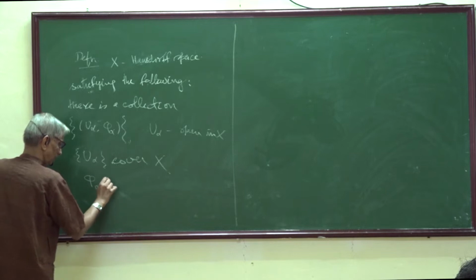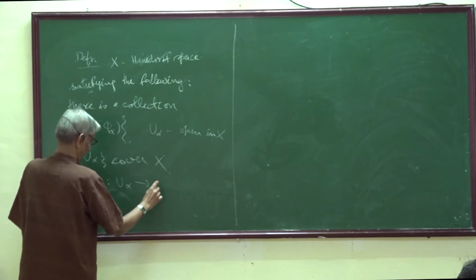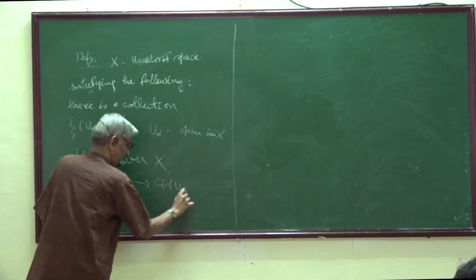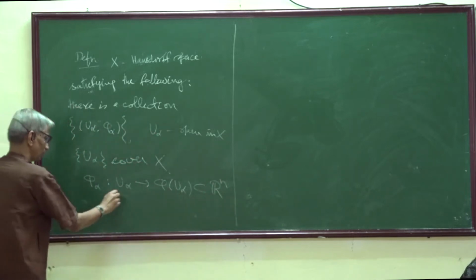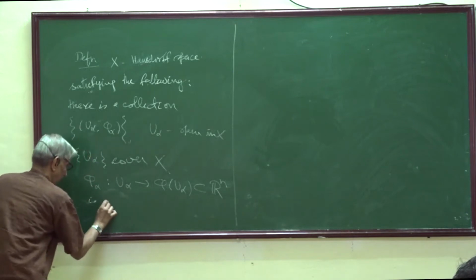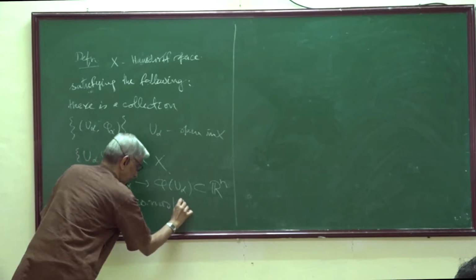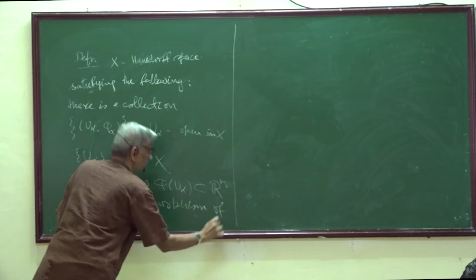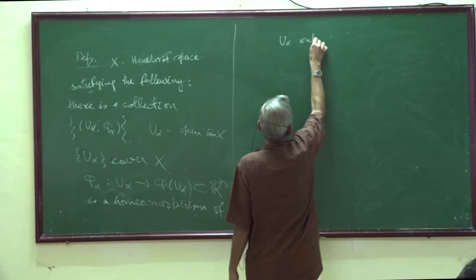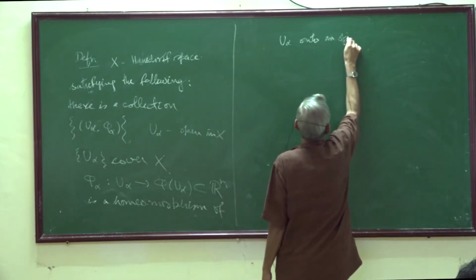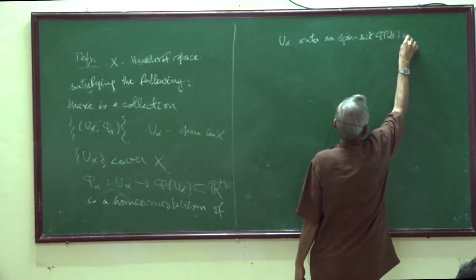Phi alpha from U alpha to phi of U alpha, let's say, in Rn, is a homeomorphism of U alpha onto an open set phi U alpha in Rn.